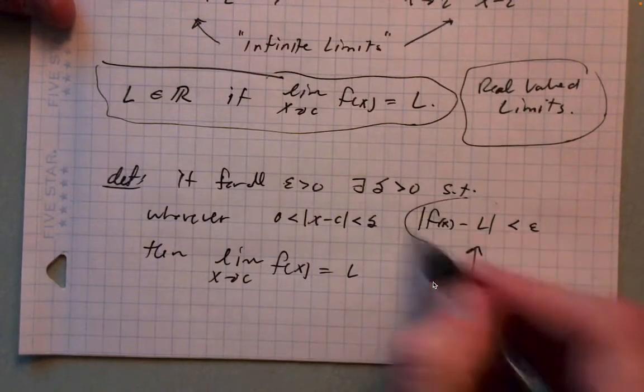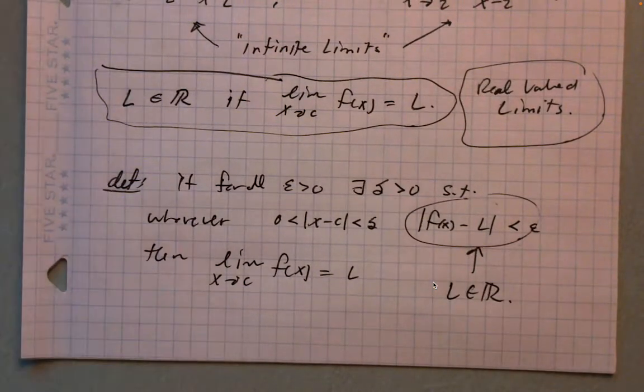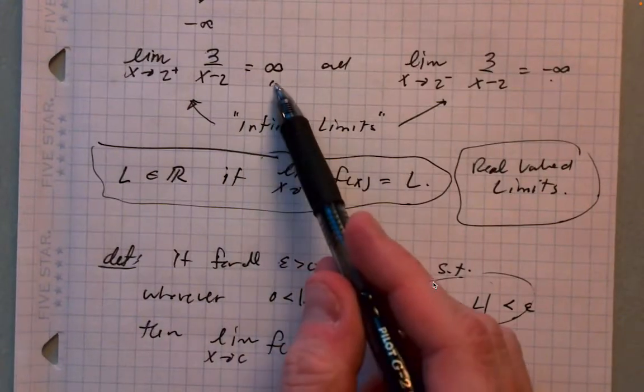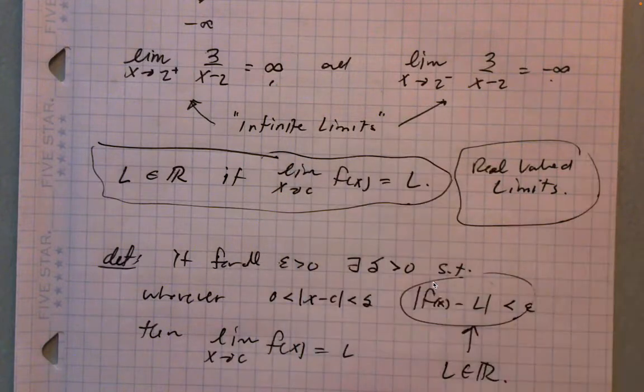You can't talk about the distance between the value of the function and infinity, for example. That's a ludicrous idea, right? So here's where the definition would totally break down if we tried to apply it to functions where the conjectured limit was infinity or negative infinity.